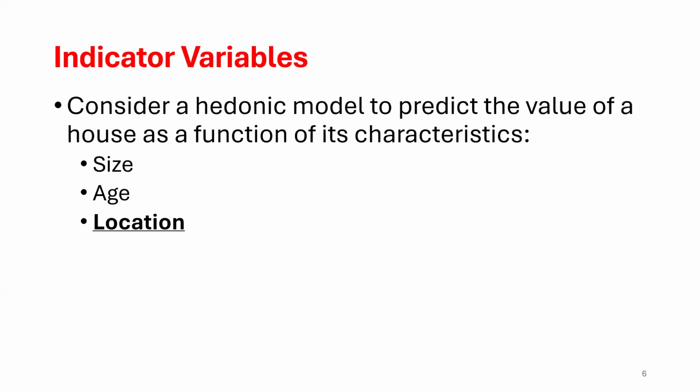So we call it indicator variables. Previously you have data with numbers like size and age, they are all numbers, right?